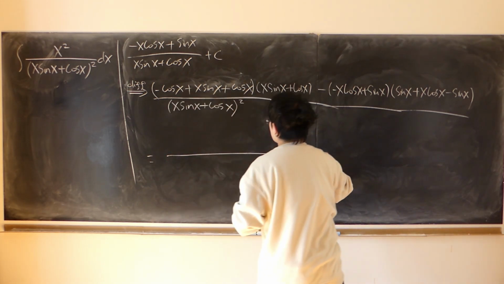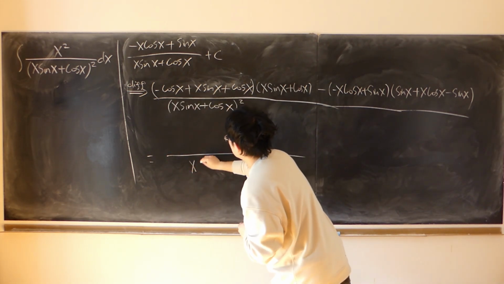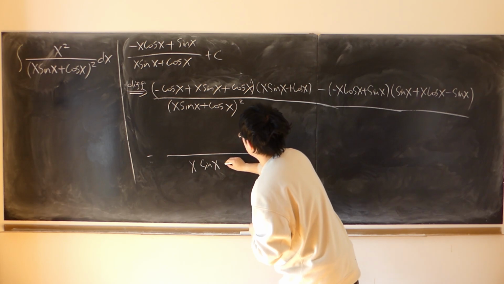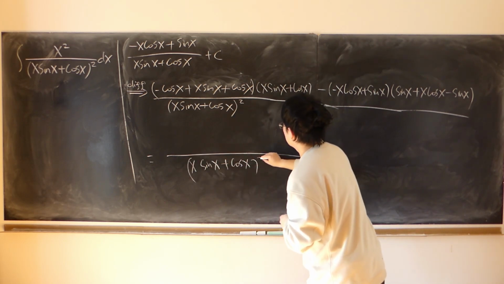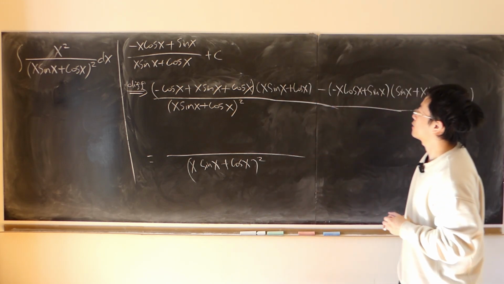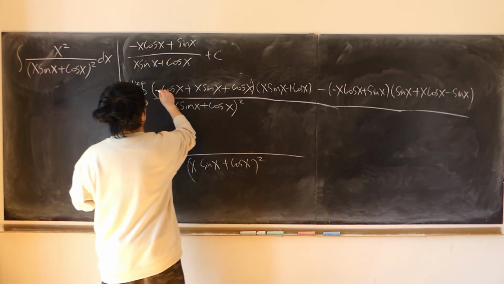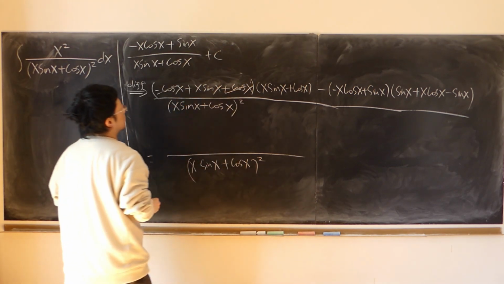And so this is sine x cosine x. What is that? Negative, positive gone.